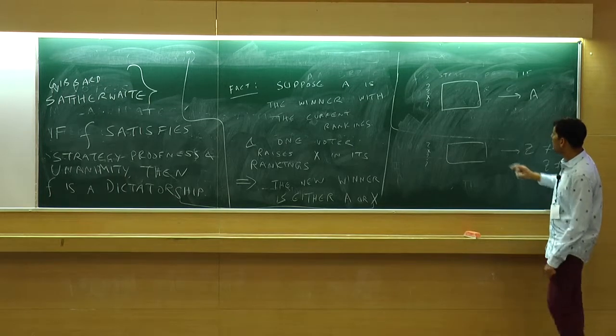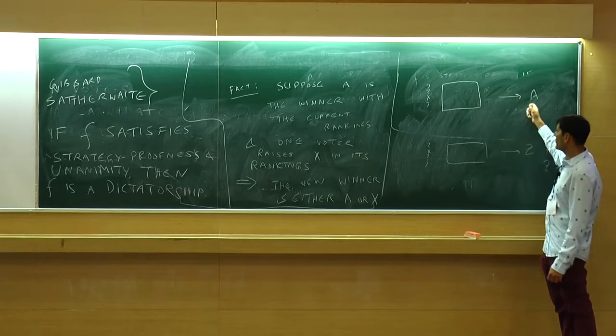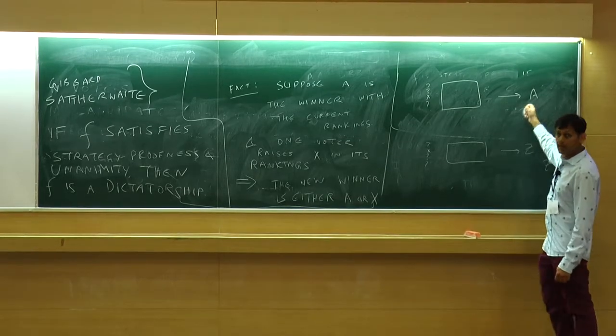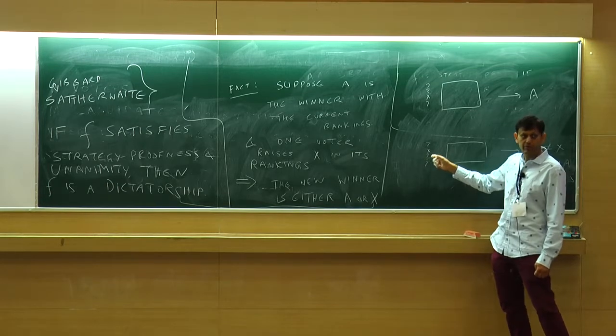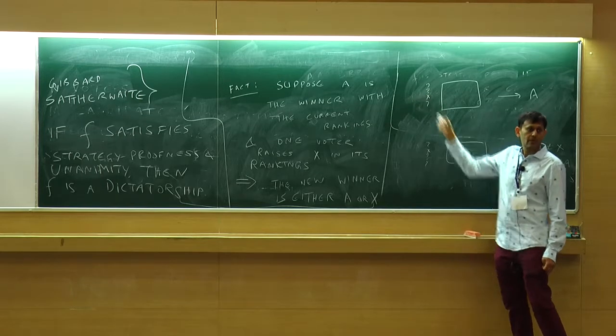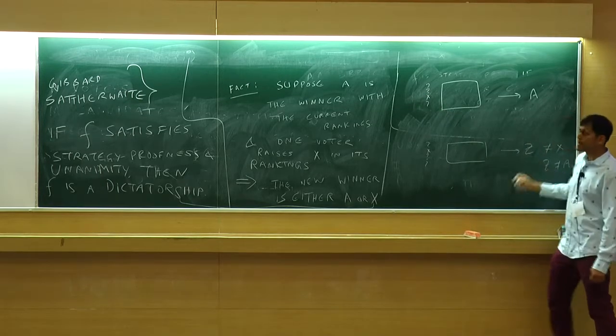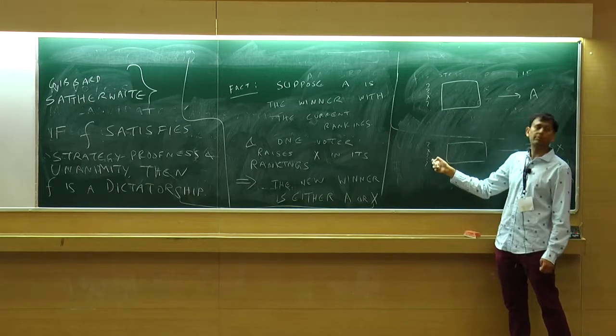Now the first voter either prefers A or Z. If the first voter prefers A, and this happens to be the true ranking of the first voter, then the first voter will instead report that. And if the first voter prefers Z, and this happens to be the true ranking of the first voter, then the first voter will instead report this.